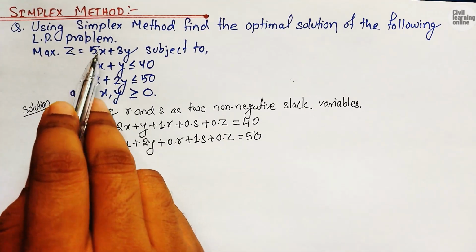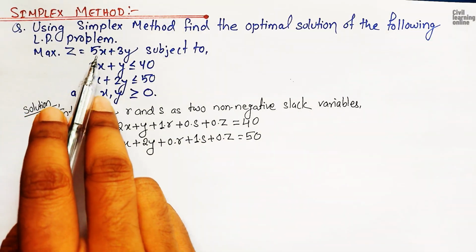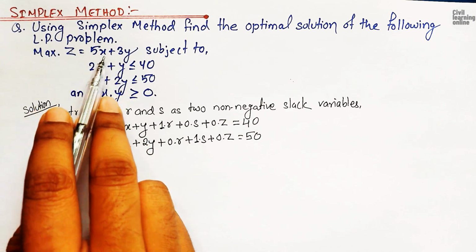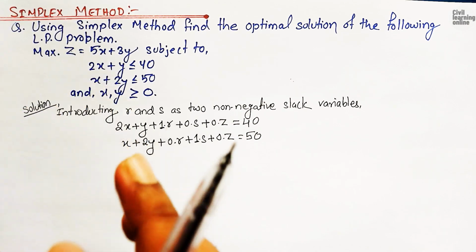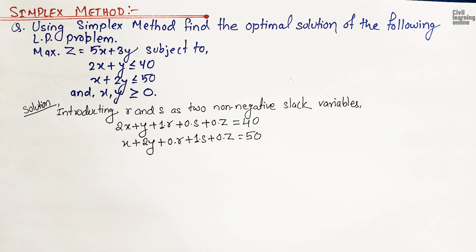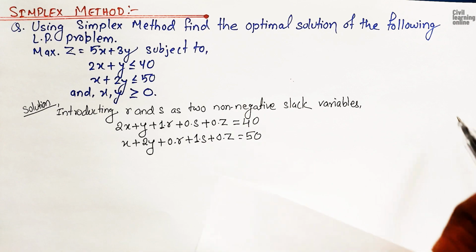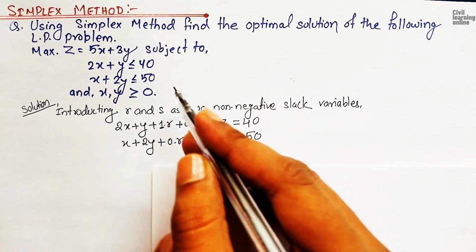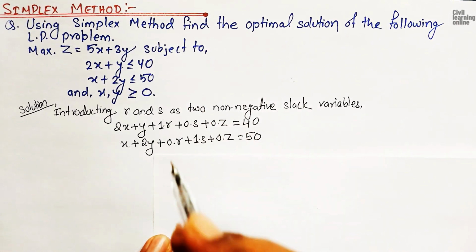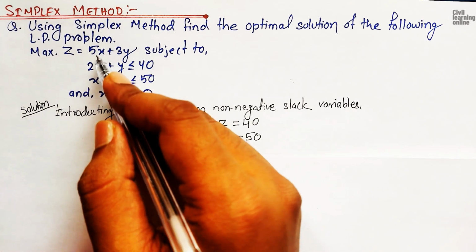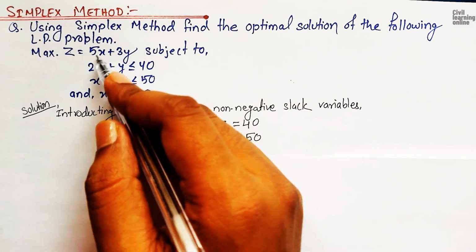Now, time for this. Here we have max z equals to 5x plus 3y. This is our objective function, and we have to make some changes in the objective function in order to write an equation here. As we have z equals to 5x plus 3y, our objective function in the simplex method is going to be, we have to bring this 5x and 3y to this side.